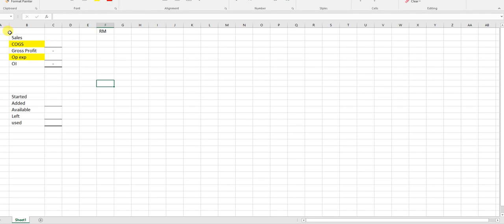So we have sales minus cost of goods sold is gross profit minus operating expenses equals operating income. So if I have $100 worth of sales and they cost me $60, and my gross profit is $40, and then let's say I have $10 of operating expenses, so I have operating income.